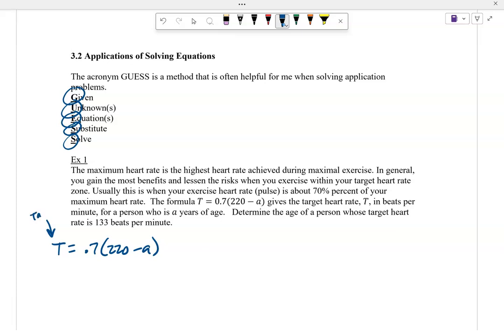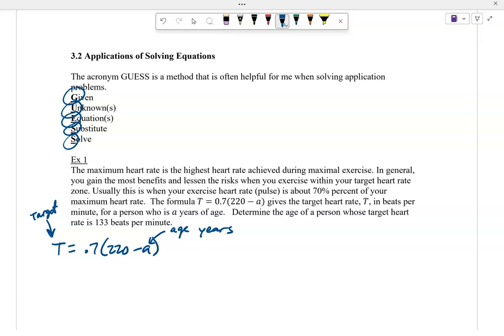This is my target heart rate. I'm going to label this target heart rate in beats per minute for a person who is A years of age in years, right? So those are my unknowns, that A and that T. Those are my unknowns, my variables, right? And I have this equation that's given to us.